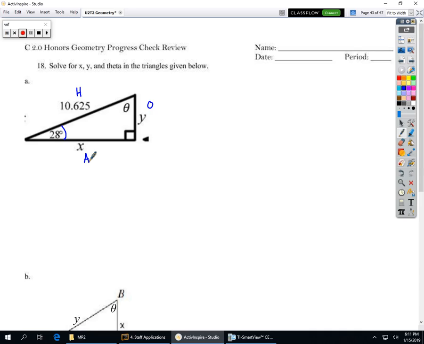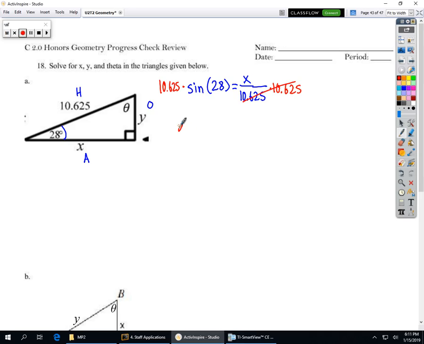Let's just solve for x first. X is the adjacent over the hypotenuse. So let's do this. Sine of 28 equals x over 10.625. To solve this, I would simply multiply this decimal to the other side. This cancels out.